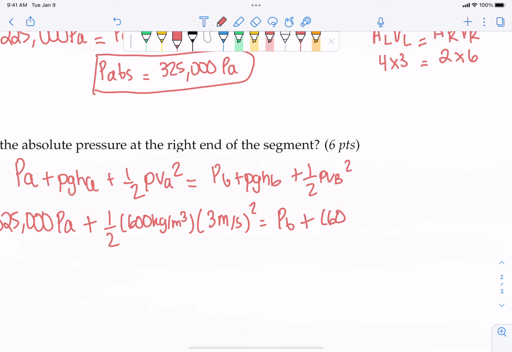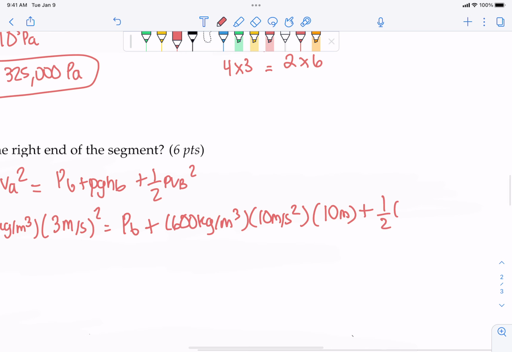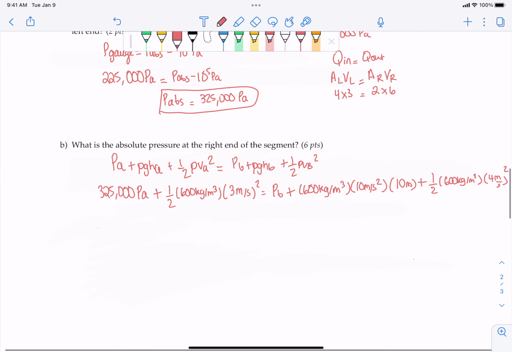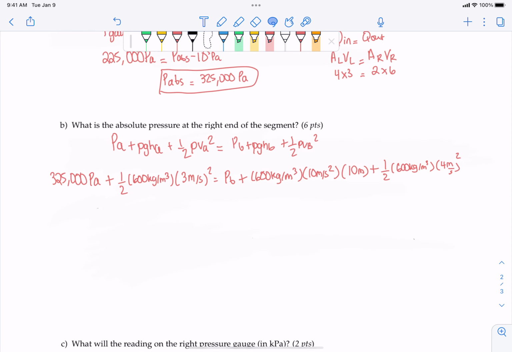We can just do 600 kilograms per meter cubed, the density of the oil again, times the acceleration due to gravity, and then the height, which was 10 meters, and then plus 1/2 times the density again, and then times our speed for point B. And let me move this over a little bit so it's not as far off.